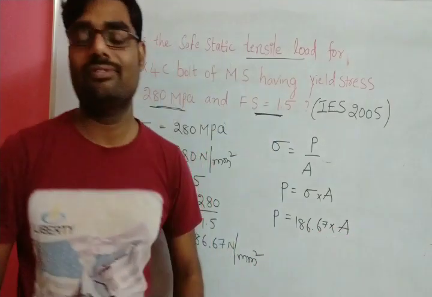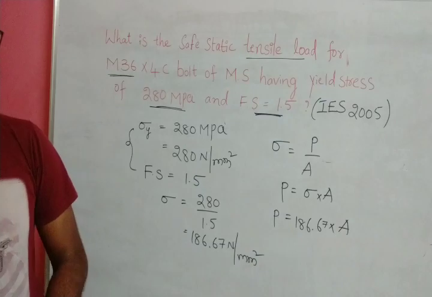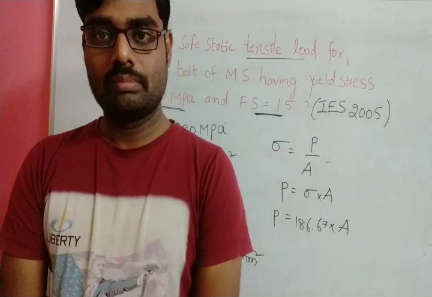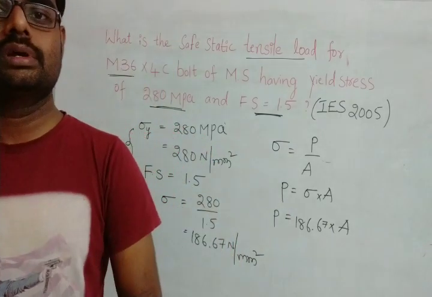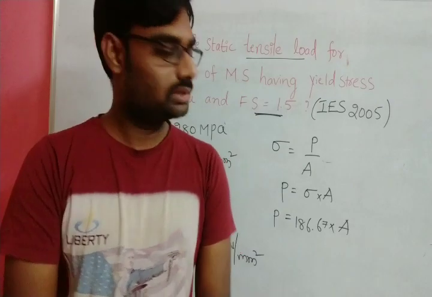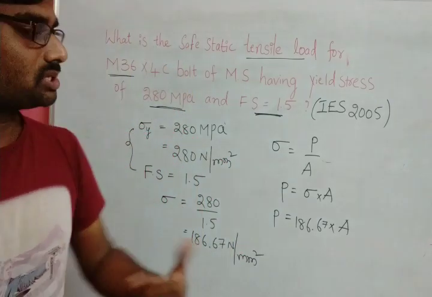But what is the formula for area? In this question the cross section is not given, so how do we identify which area formula to use?